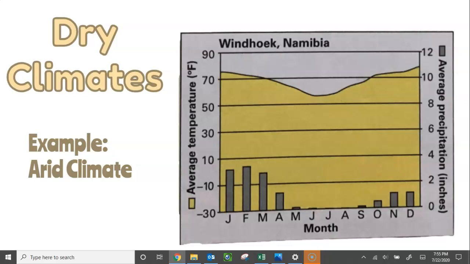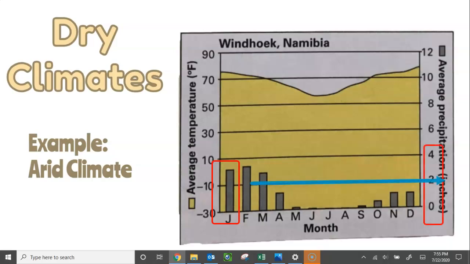So one example of an arid climate is in Namibia. This is a climate graph. So you can see the average temperature is pretty high, and the average precipitation is pretty low in inches. So for example, in January, the average temperature is about, I'd say 77, but they get very little rain per year.